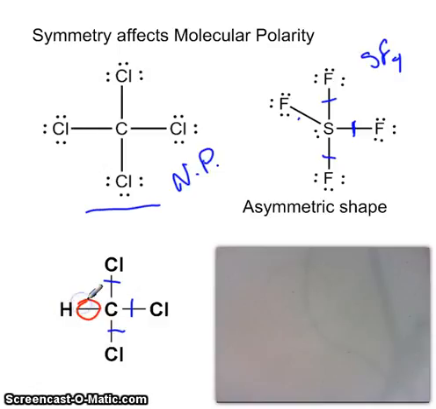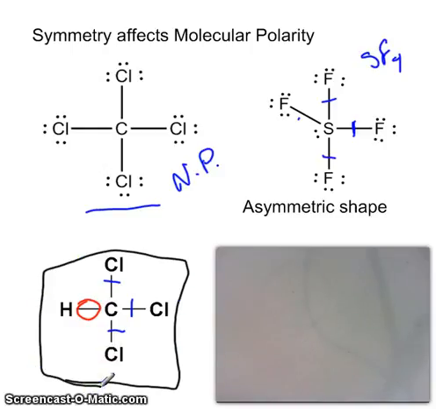So that's non-polar. So here's the thing: polar bonds, but carbon tetrachloride was a tetrahedron up here, so don't you think this guy maybe should be nonpolar too? Well, no, because this guy has an unequal distribution of electrons.